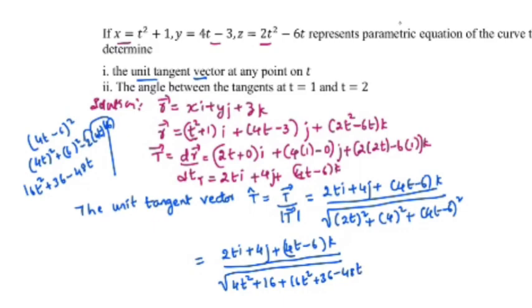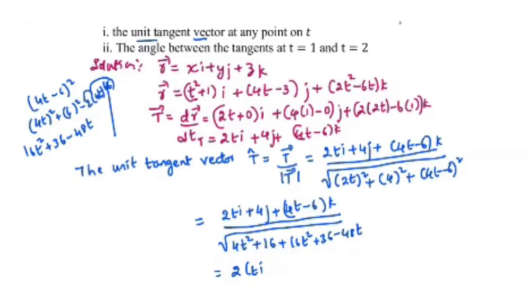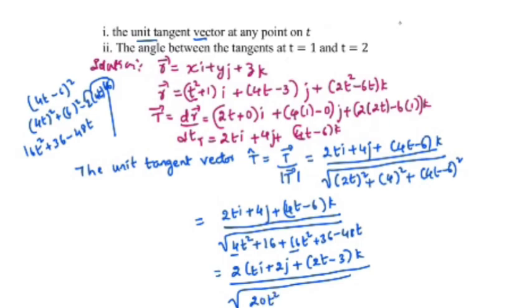Now that can be further written as, taking 2 common out, (t i plus 2j plus (2t minus 3)k) divided by root of, you can see 4 plus 16 is 20t square, minus 48t, then 16 plus 36 is 52.